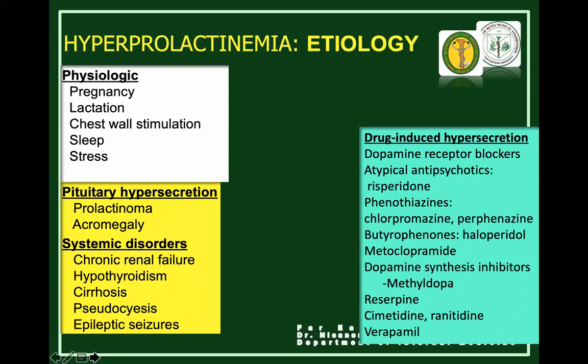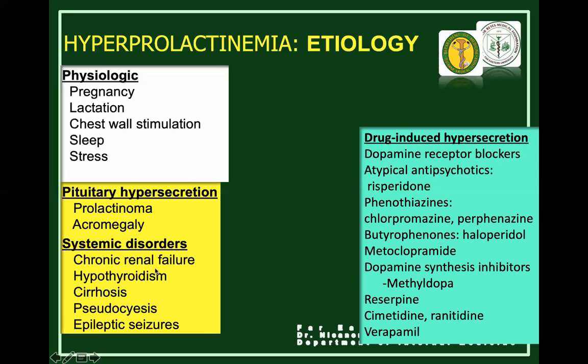Other causes would be, the pituitary hypersecretion mainly is from a prolactinoma, but acromegaly, which is from a growth hormone excess, can also cause hyperprolactinemia. This is because the parent hormone for prolactin includes the growth hormone, okay? And also systemic disorders like renal failure, hypothyroidism, liver cirrhosis, pseudocyesis, and epileptic seizures can cause hyperprolactinemia.